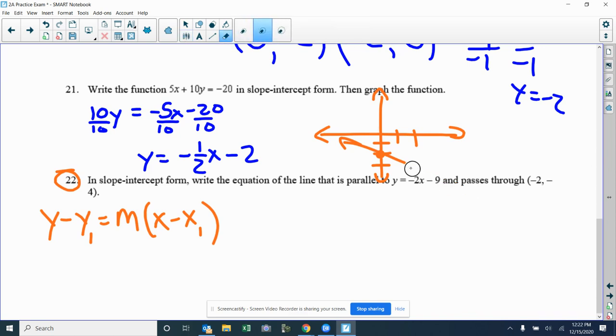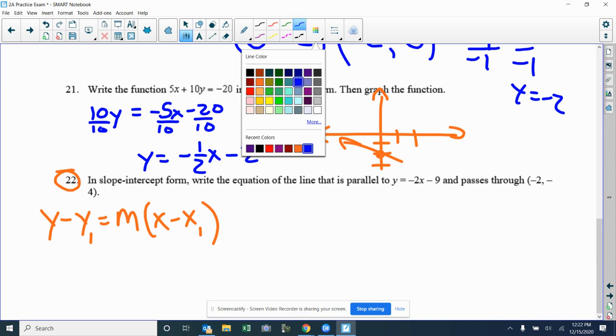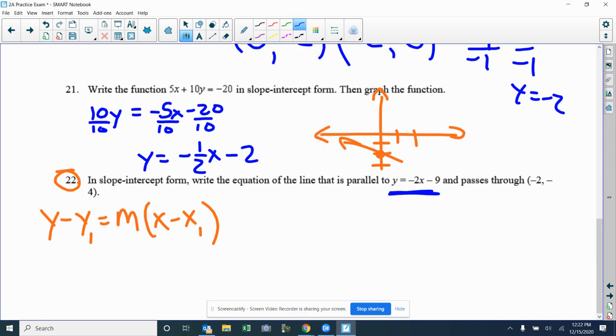So we have a line parallel to that. If it's parallel, it's gonna have the same slope, which is our m, which would be -2. But our x and y values are -2 and -4.